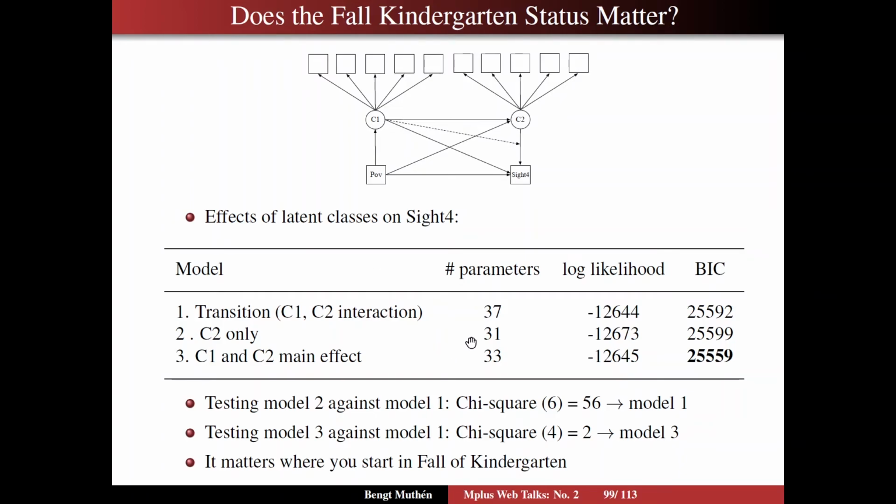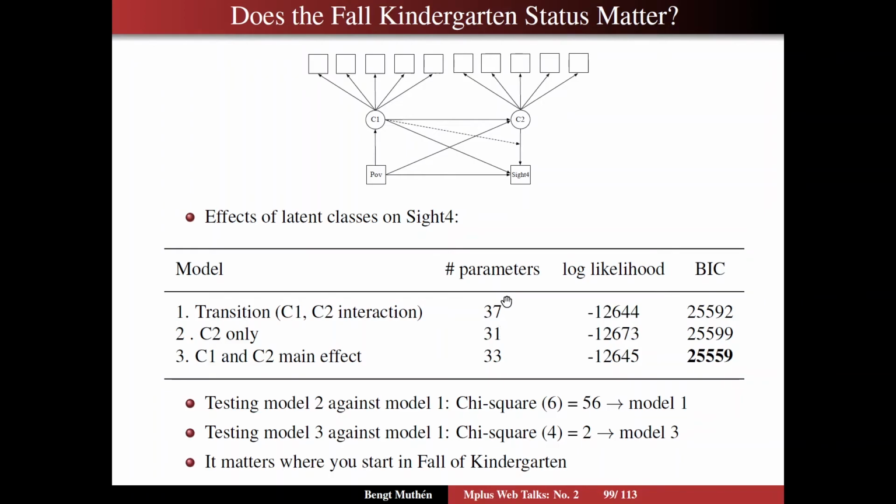And that gives you 31 parameters. It's 6 fewer. And the way you think about this is that in the first model you have 9 different thresholds for site 4, 3 times 3, whereas with C2 only, you have only 3 thresholds. So 9 minus 3 is 6.